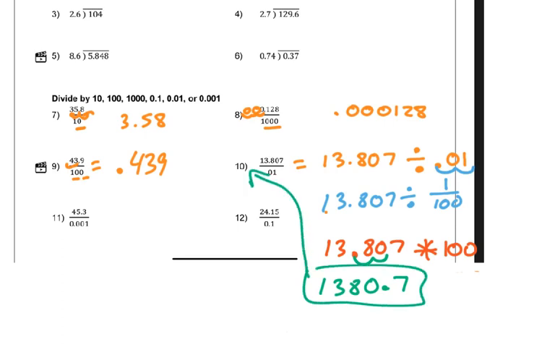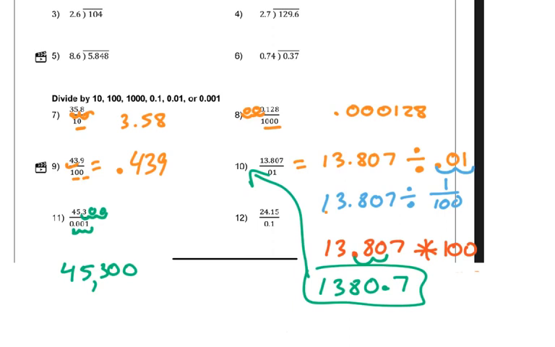Okay? So what we're doing is, if we're dividing, all you have to do is count how many times it would take to make it a whole number. For example, number 11, we jumped 3 times, and that's just how many times we move the decimal place over. So in this case, we'd be adding 2 more zeros in order to get the final result. So this one would be 45,300.